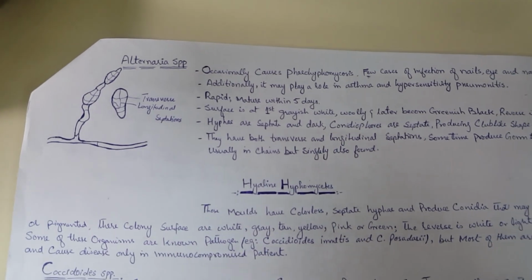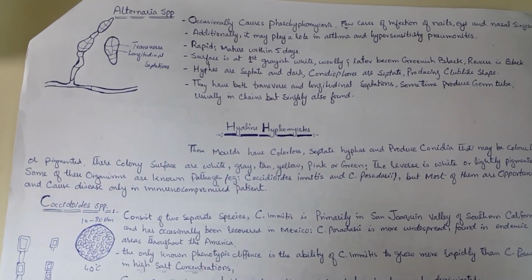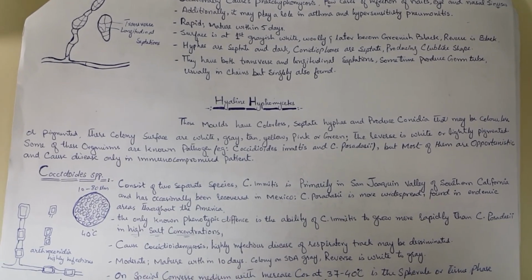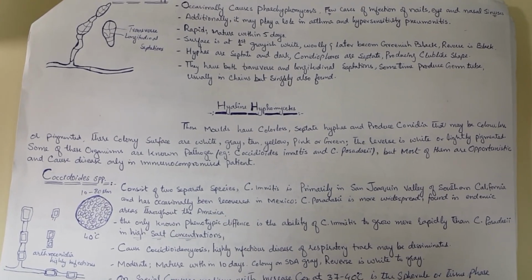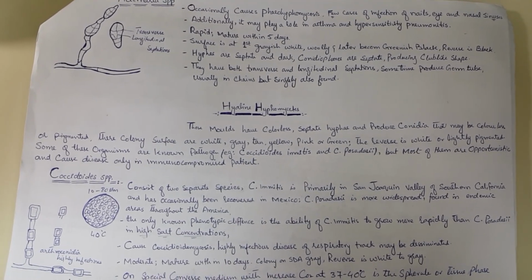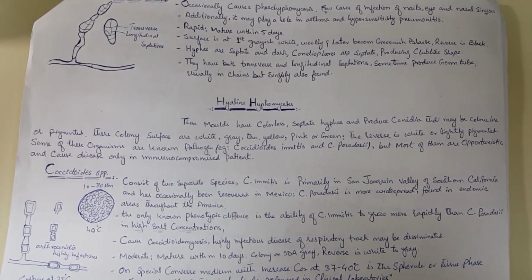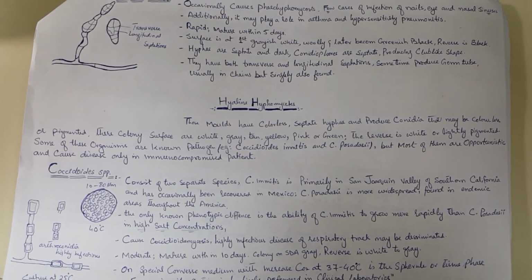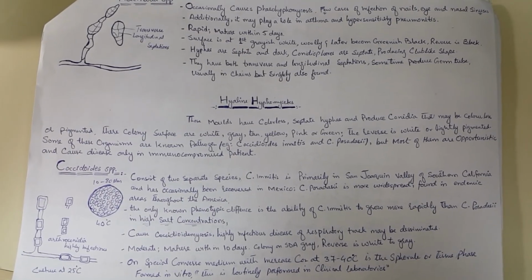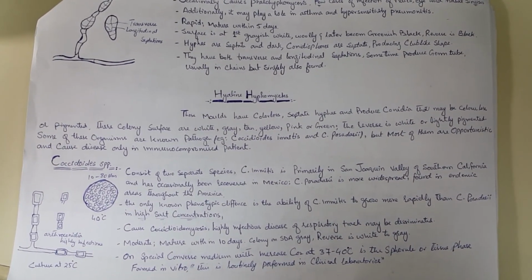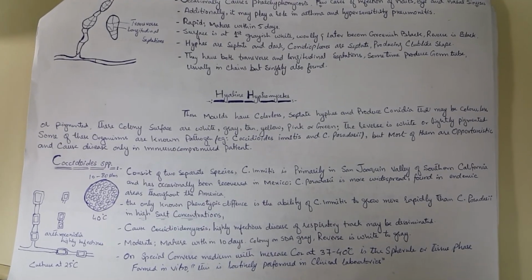Now we will start the hyaline hyphomycetes. In hyaline hyphomycetes, we will first define this group. These are the molds having colorless septate hyphae producing conidia that may be colorless or pigmented, and the colony surface is white, gray, tan, yellow, pink, or green, and the reverse is white or lighter pigmented.